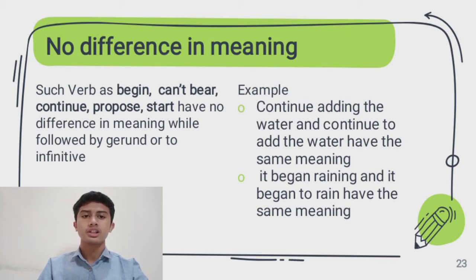Such verbs as begin, can't bear, continue, propose, start have no difference in meaning when followed by a gerund or to infinitive. Example: continue adding the water and continue to add the water have the same meaning. It began raining and it began to rain have the same meaning.